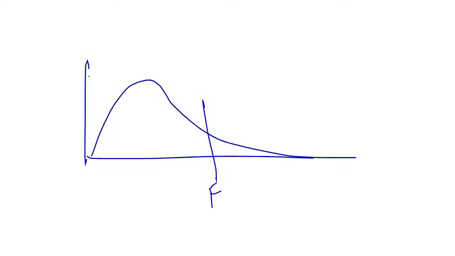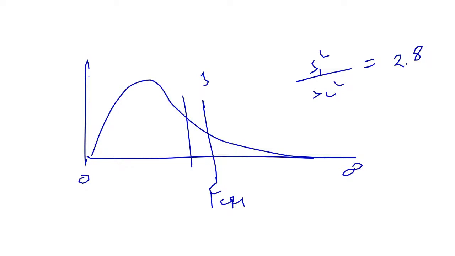The corollary to that is, keeping the same F critical value, assume as 3, if my S1 square divided by S2 square had been a value 2.8, we all know this is 0 and this is infinity, so 2.8 would be somewhere here. So the area under the curve towards the right hand side from the point 2.8 to the end is going to be greater than alpha, in this case 0.05.